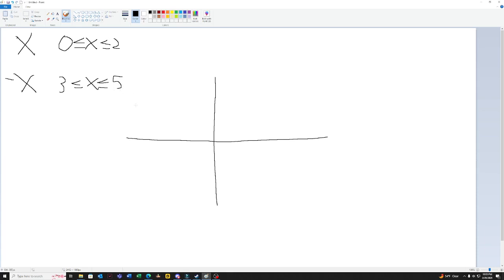Now, if we plot x from 0 to 2, it would be something like this. We'll label this the graph of negative x from 3 to 5, so it would be something like this. Now, oh no, this is a bad example. Let's change this to 2.